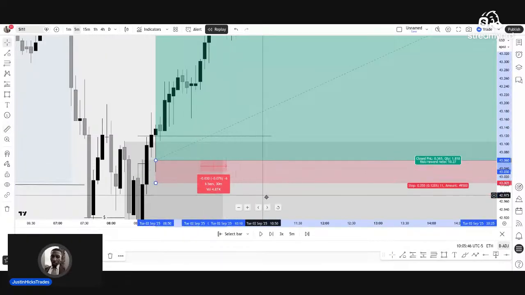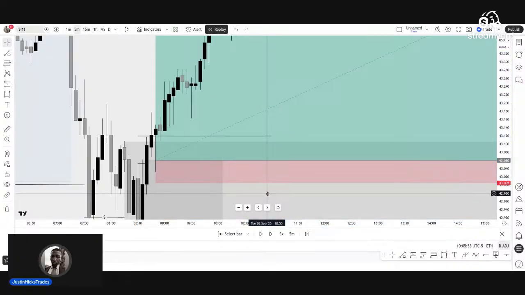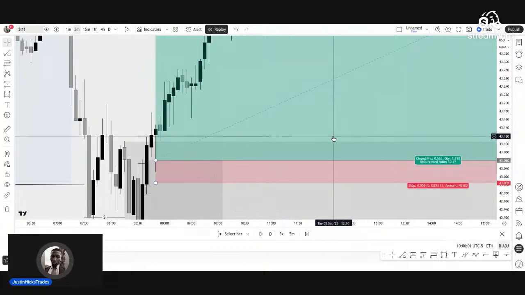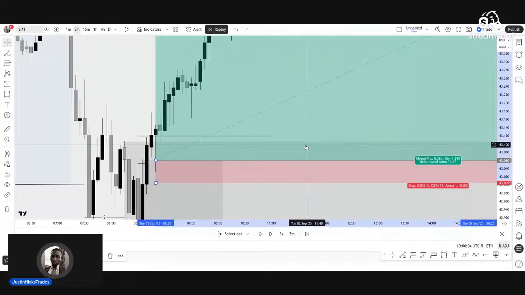Let me see how much this was. This was about 6 pips. So 6 times 50. Let's see. So this was $300. I was $300 in drawdown. But my whole entire stop loss is, let me see, 550. So I would have been $50 over, and they probably would have taken me out of the trade.